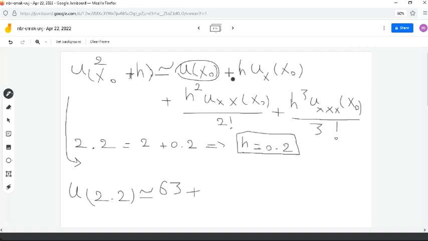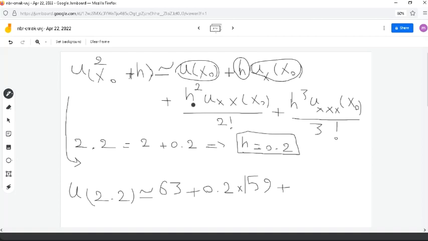Plus, then we put h. h is 0.2, and then write instead of h 0.2 times u_x at x0. At the last page, we compute that u_x of x0 means u_x of 2, and the result was 159, okay?